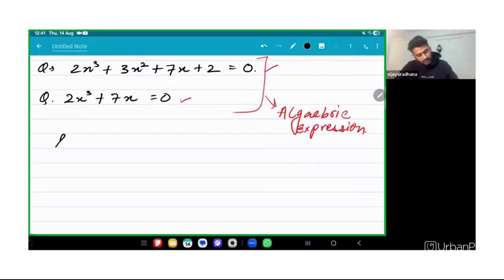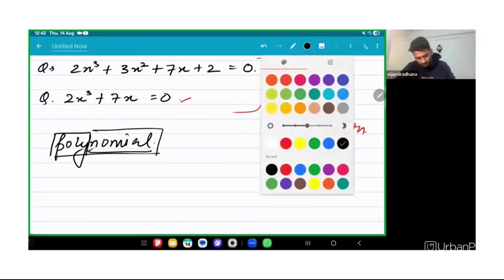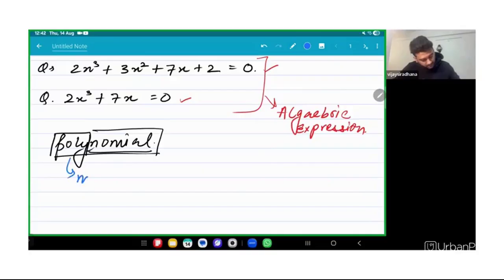The word polynomial has two parts, poly and nomials. Poly means many, and nomial means terms.